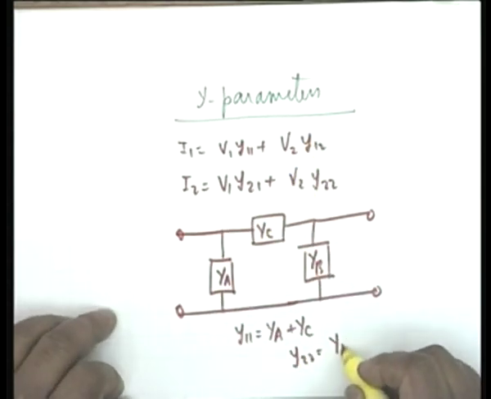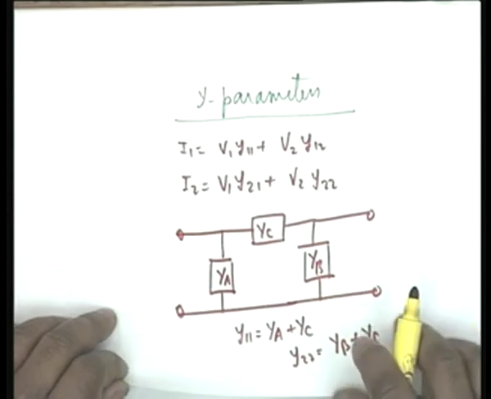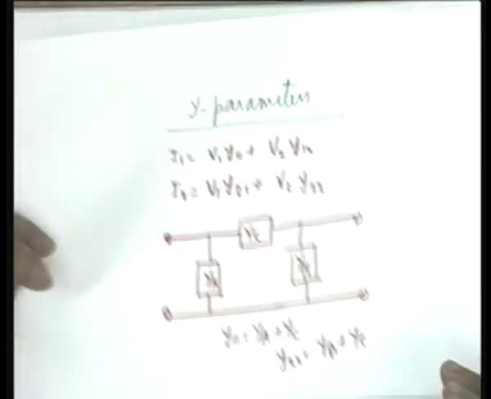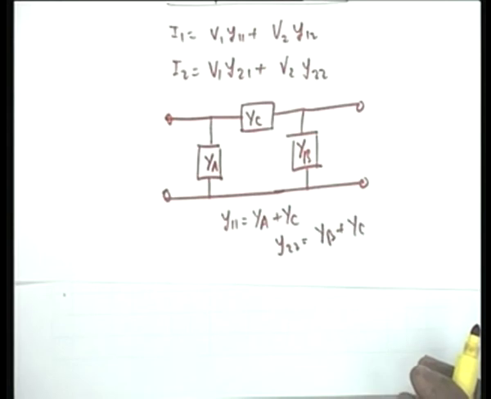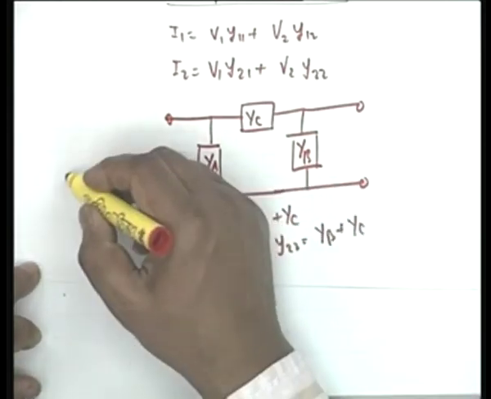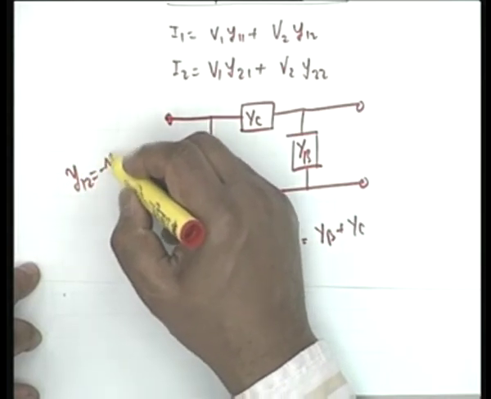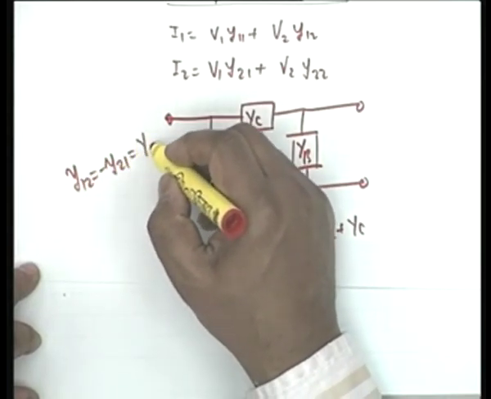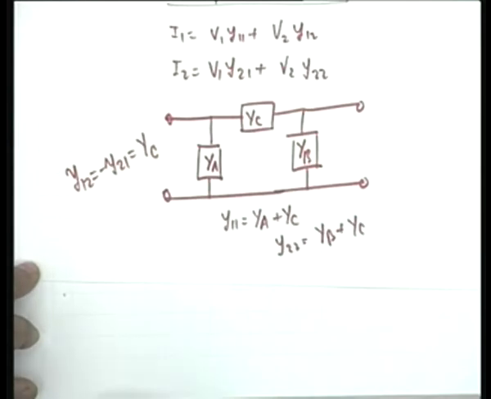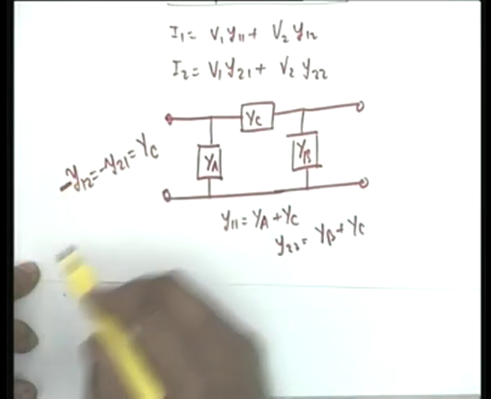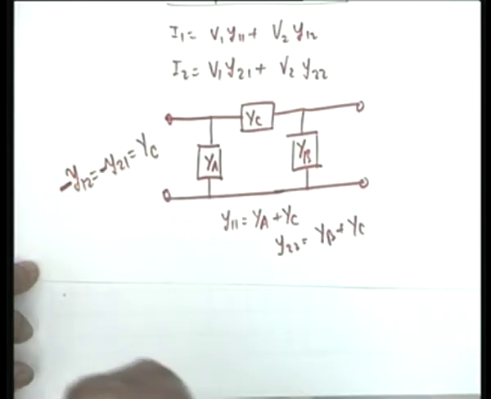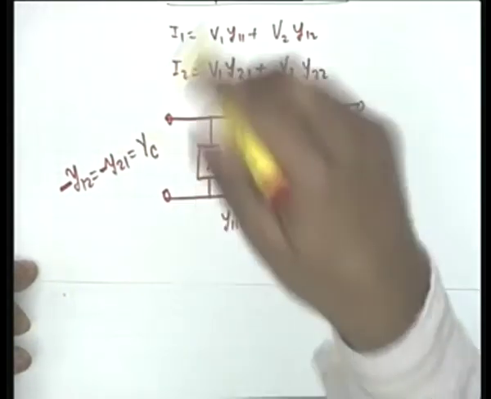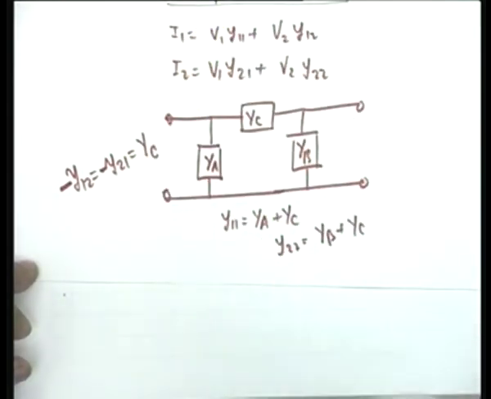Y22 is equal to YB plus YC, and either by applying the definition or by remembering the equivalent circuit, you can see that Y12 is equal to minus Y21 equal to Y sub C. Both of them are minus. Minus Y12 equal to minus Y21 is equal to Y sub C.